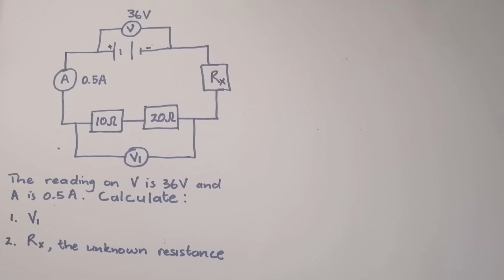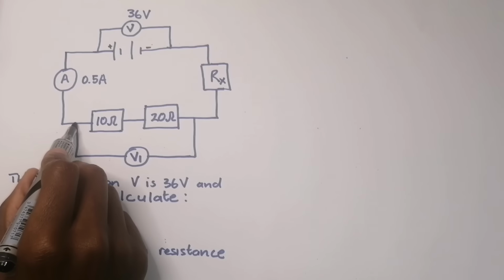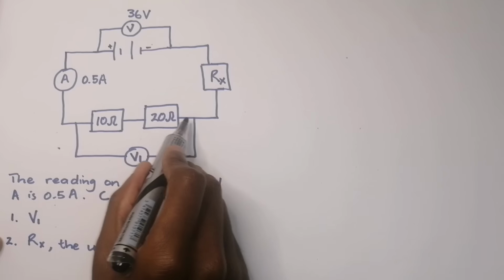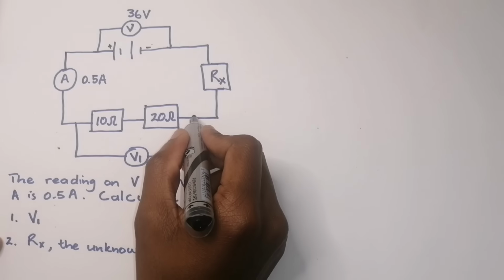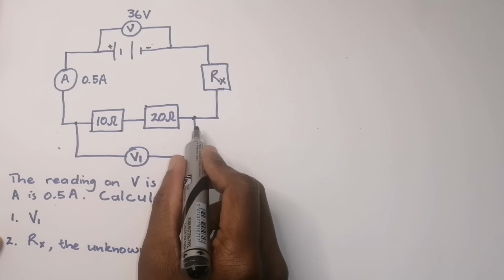So now we're going to ask, how do we find the voltage reading on V1? I'm sure you've got it by now, right? What is V1 measuring across? V1 is measuring across two resistors, the 20 ohm and the 10 ohm resistor. Can you see that?